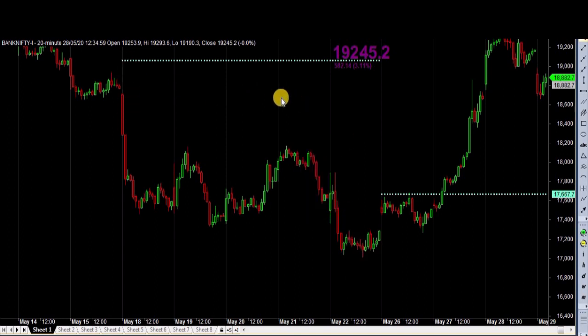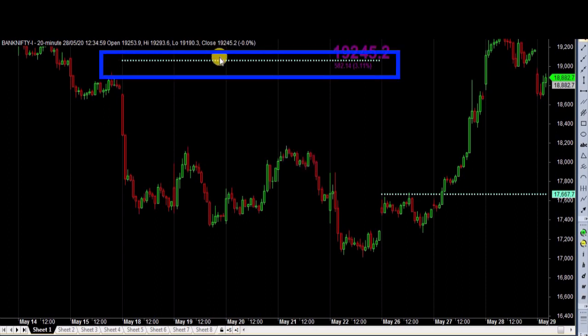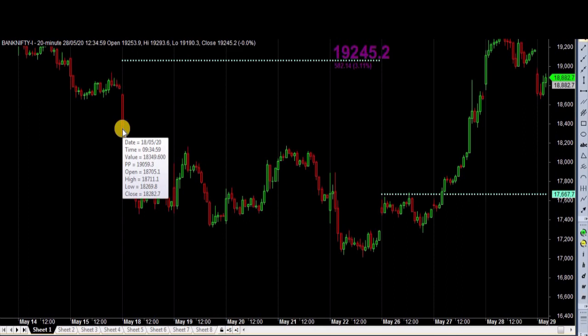Every Monday you need to see whether Bank Nifty is above this line or not. On the 18th of May the price was well below this line, and we'll wait to see if this close price is broken by the second candle, and it happens.